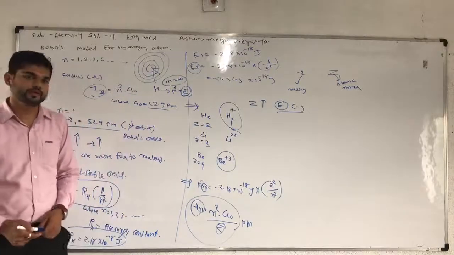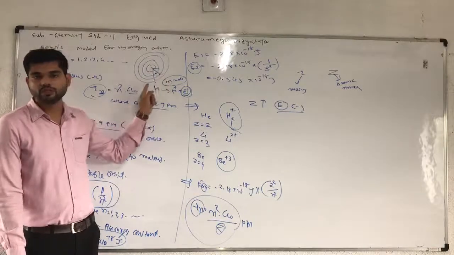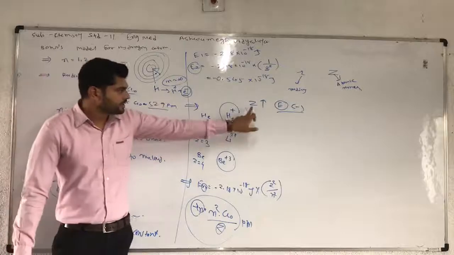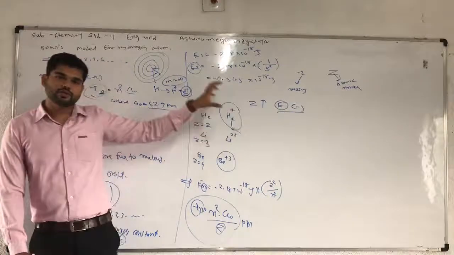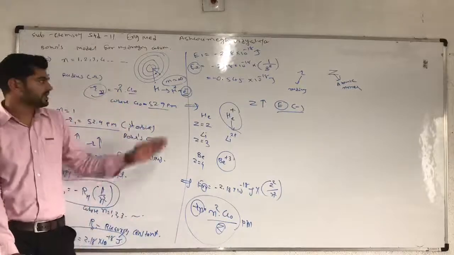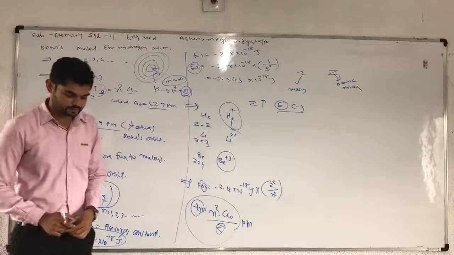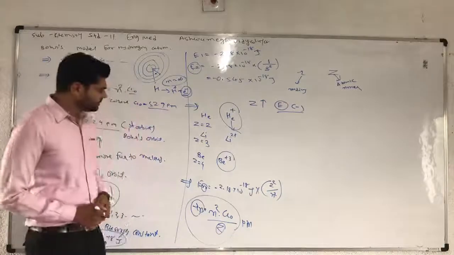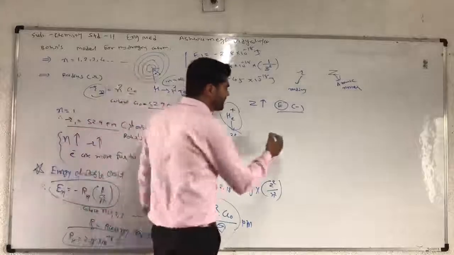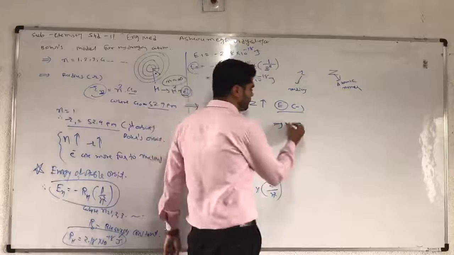So with increasing atomic number, the energy level decreases and the electron comes nearer to the nucleus, and in this orbit the electron can be rotated.